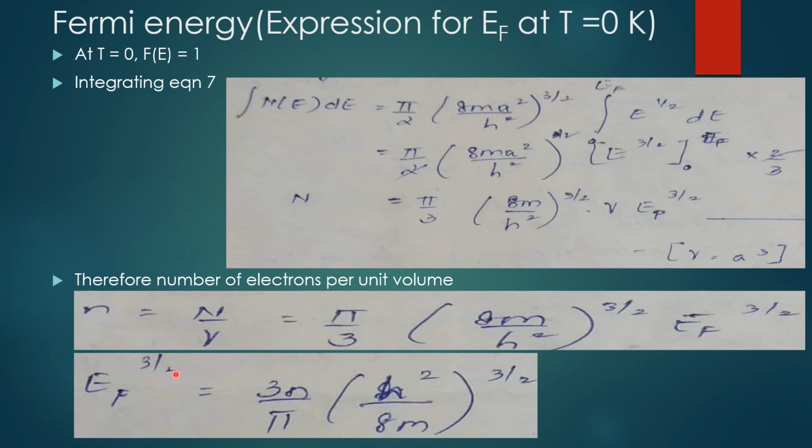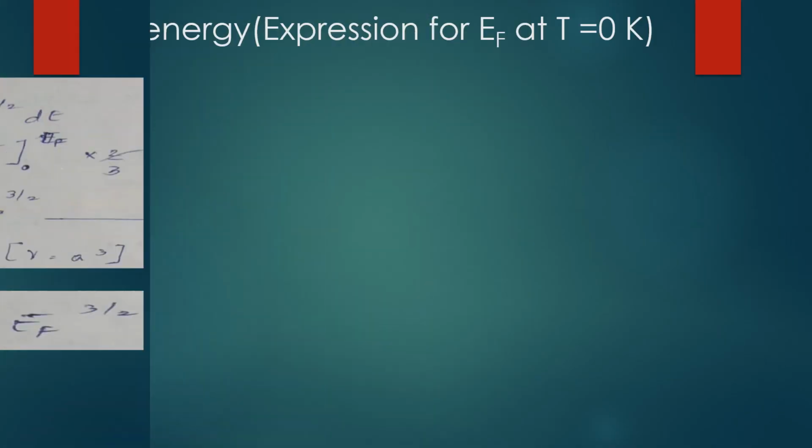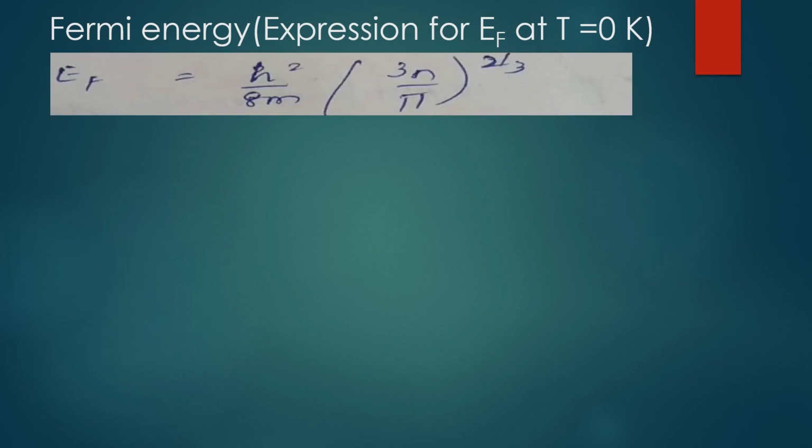Rearrange this equation to get EF raised to 3/2 is equal to 3n/π into (h²/8m) the whole raised to 3/2. Raising each side to the power 2/3, we get EF is equal to h²/8m into (3n/π) raised to 2/3.